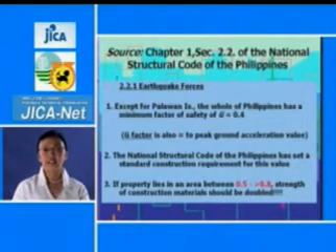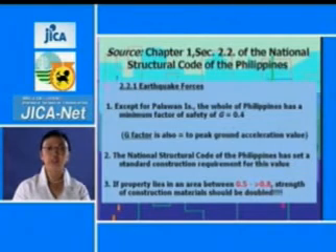Based on this, engineers are required by law to design the strength of our building and houses that will withstand expected seismic ground motions. Therefore, based on our legend, all infrastructures built on areas that fall above the 0.4 G factor zone should exceed the specifications of the National Structural Code of the Philippines.